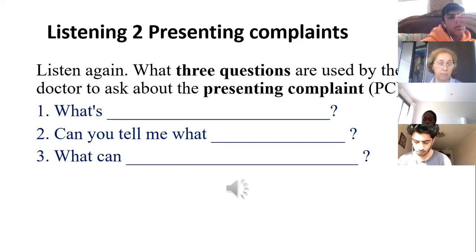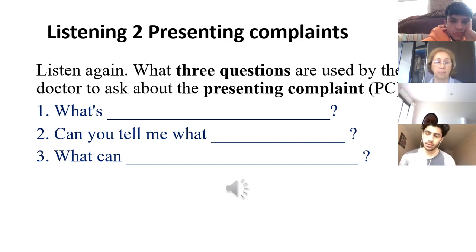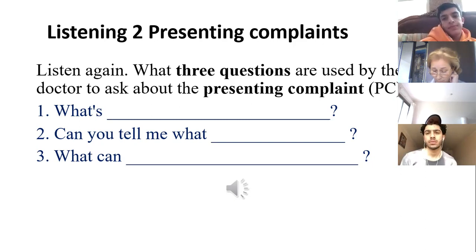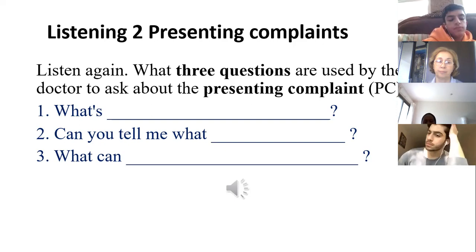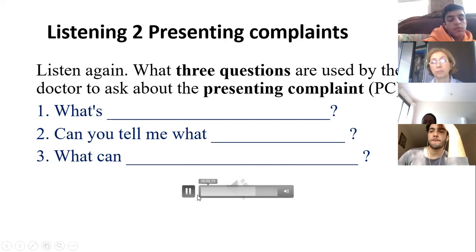I've been getting a kind of boring pain right here which goes through to my back. 4. Can you tell me what seems to be bothering you? Well, it feels a bit tender just here on my right side. 5. Can you tell me what seems to be bothering you? I've got this gnawing kind of pain right about here in my stomach. 6. What can we do for you? Well, I've got this sharp pain up and down my leg.